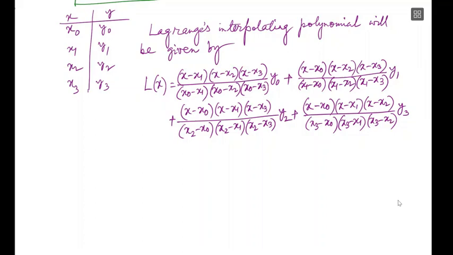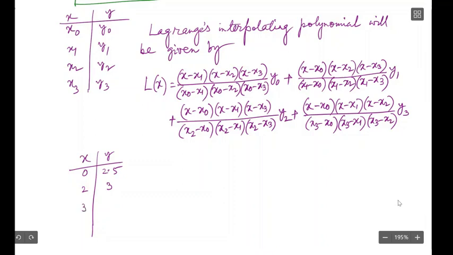Okay, let's take a numerical example with 4 points, only. Suppose at x equals to x0, x equals to 0, y value is given by 2.5. At x equals to 2, it is given by 3.